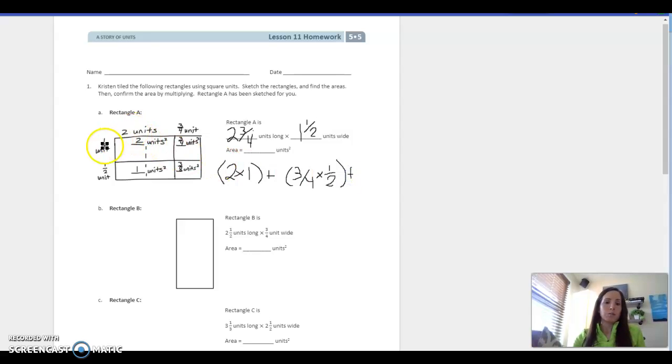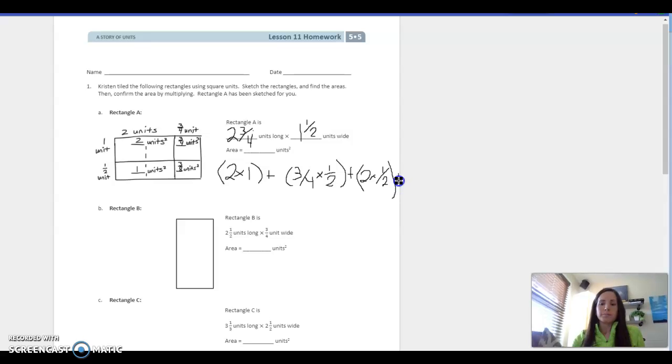So now we did 2 times 1. I need to do 2 times 1/2. And I'm running out of space, so I'm just going to go ahead and I think you'll be able to hopefully see off to the side here.